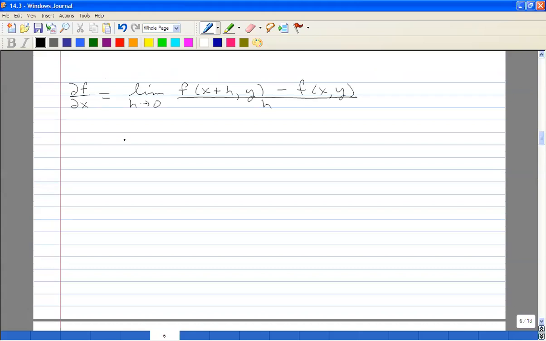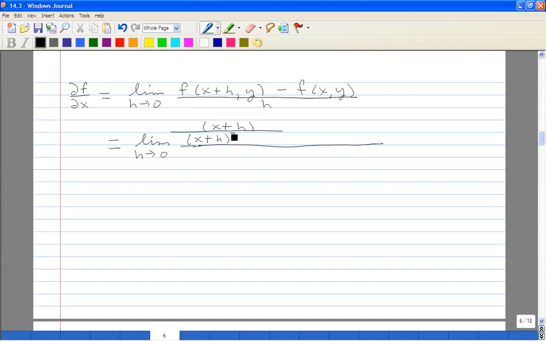So this is the limit as h approaches 0 of, replace x by x plus h and keep y.